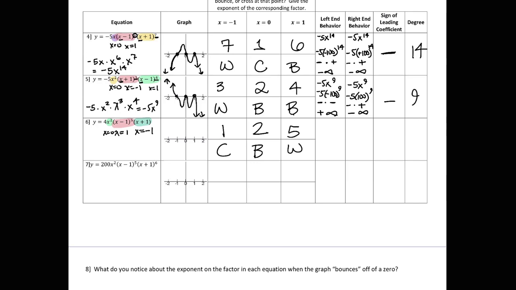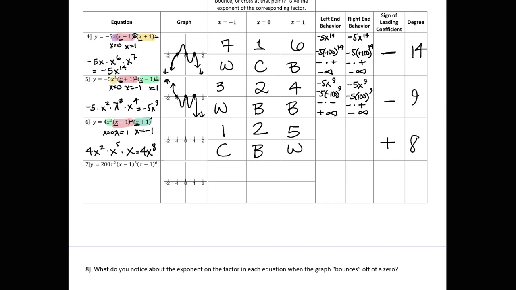Okay, and then getting that leading term, we have 4x squared times x to the 5th times x to the 1. So that's going to be 4x to the 8th. And so the degree is 8. The sign of the leading coefficient is positive.